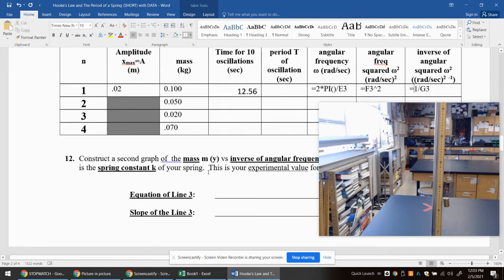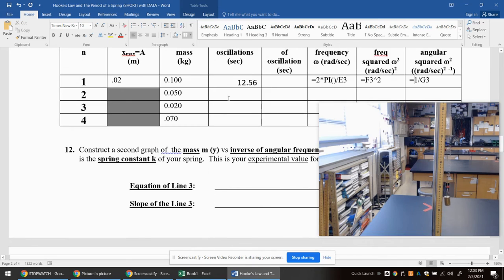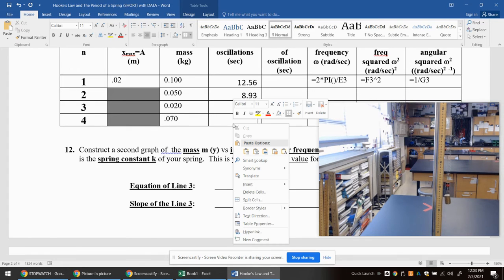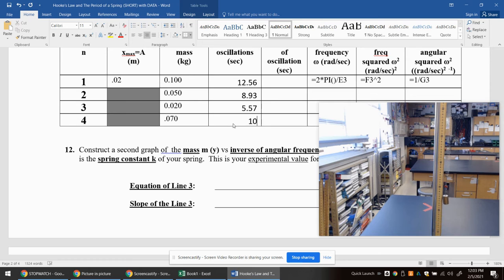You'll graph this out. I am not going to require that you watch all of these trials. I will share with you the data for those trials as well. And the data looks something like this: 8.93, 5.57, and 10.54 seconds.